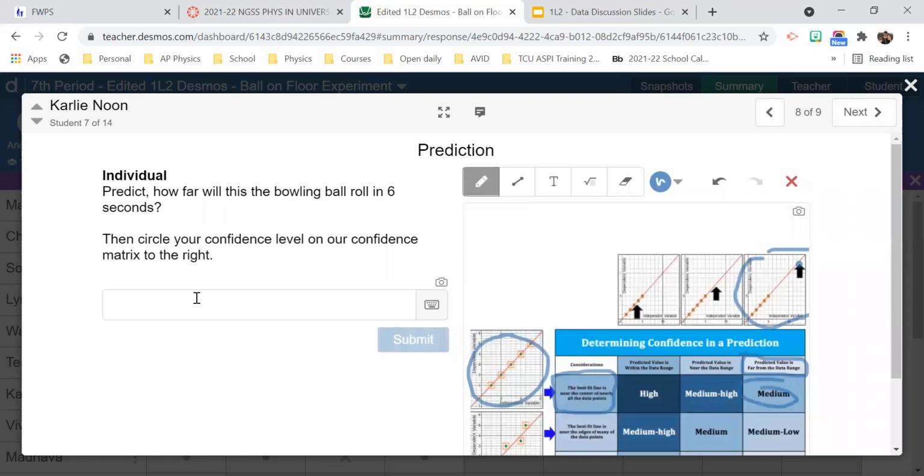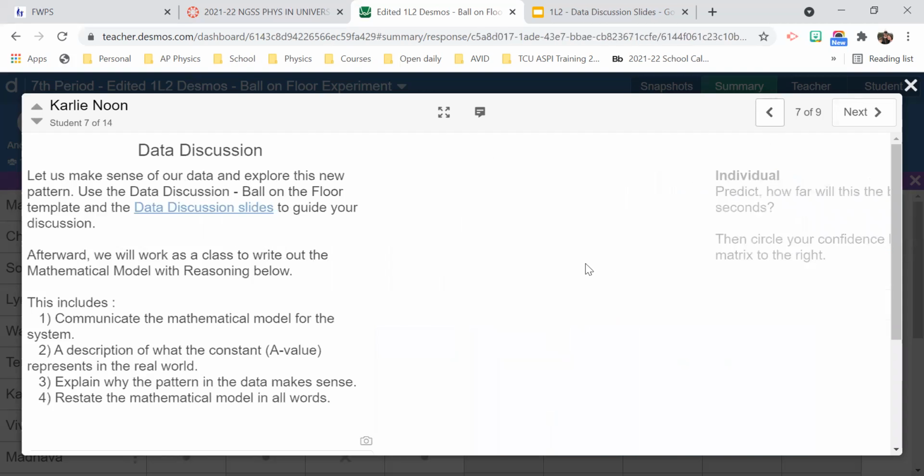So when you type this out, I think I might type it on the previous slide just so you can see it written out. Predict how far the bowling ball will go in 6 seconds.